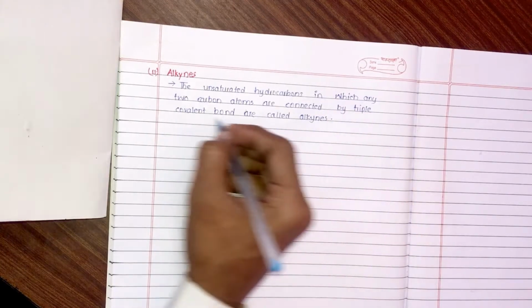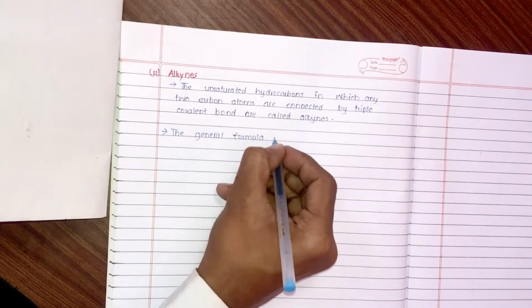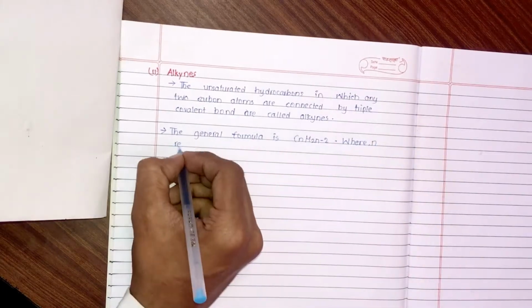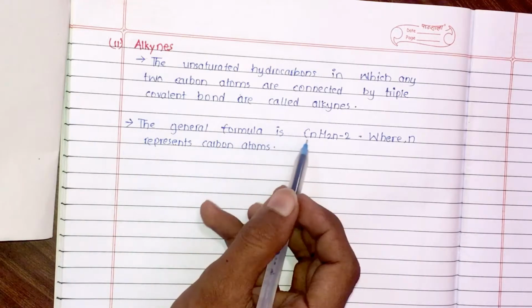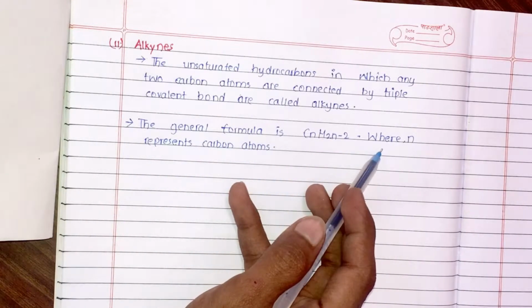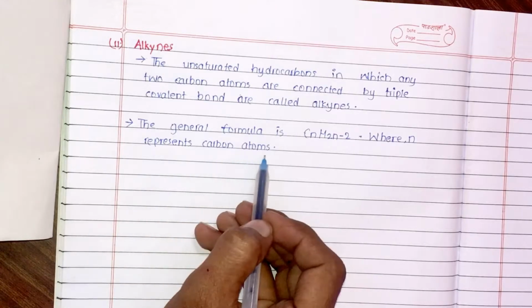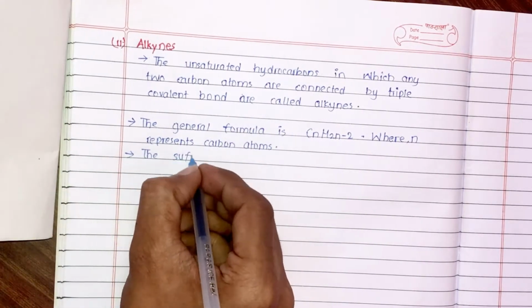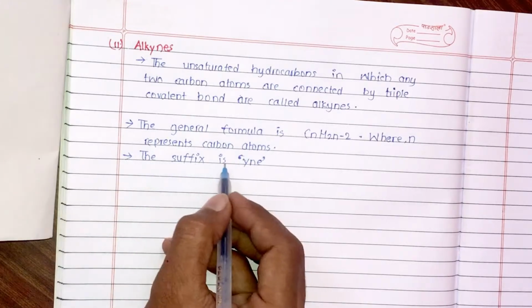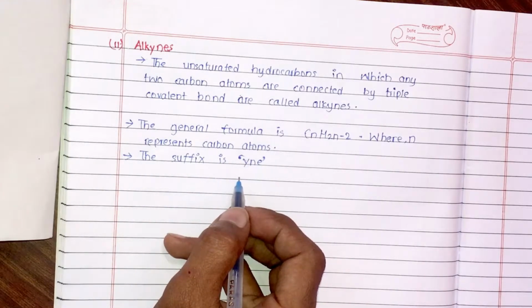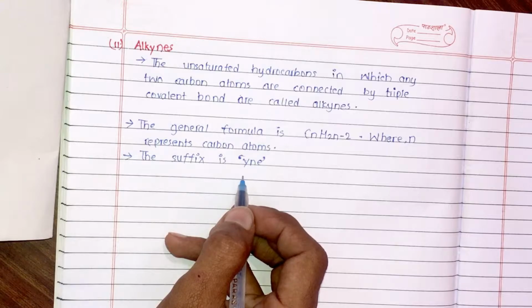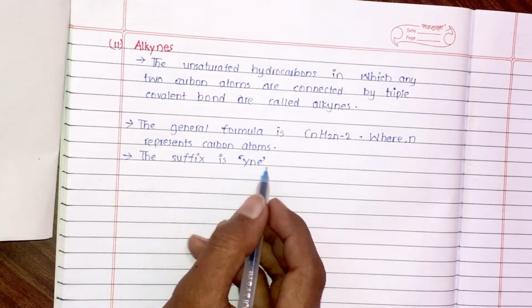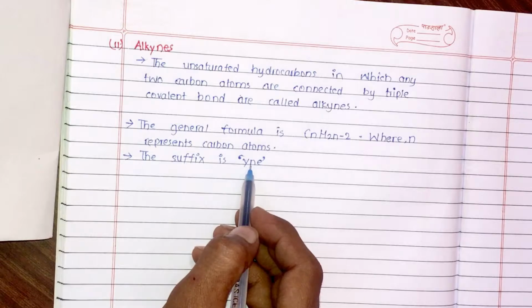And the general formula is CnH2n-2, where n represents the number of carbon atoms, and the suffix is yne. The suffix is used to determine whether the given hydrocarbon is an alkane, alkene or alkyne. So every time, remember the suffix.